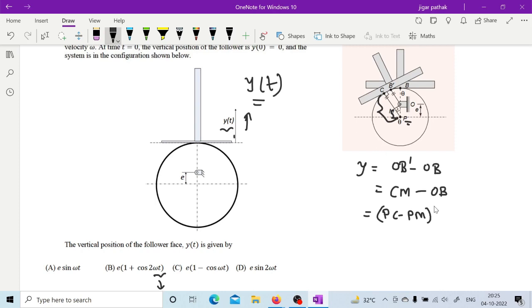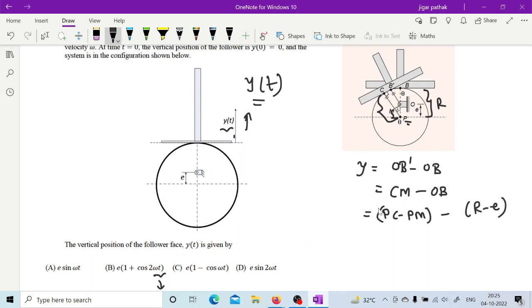And what about OB? OB is given by this radius R minus E, so OB will be R minus E.